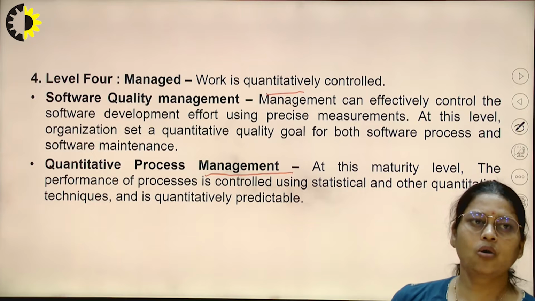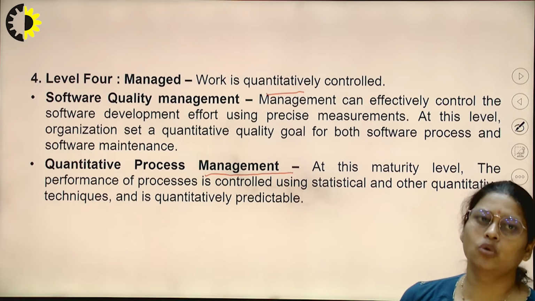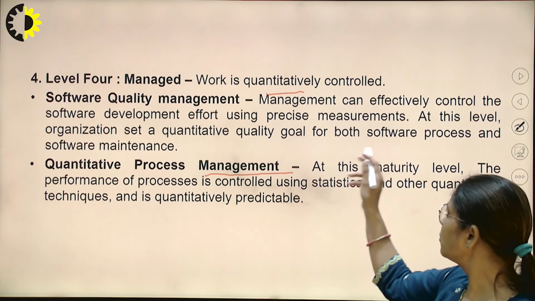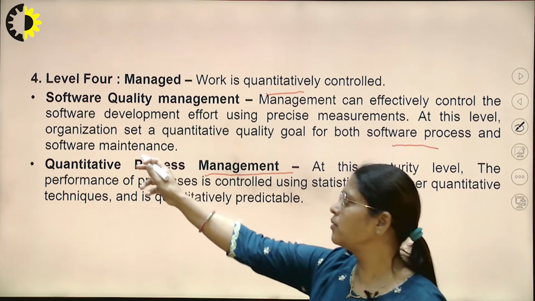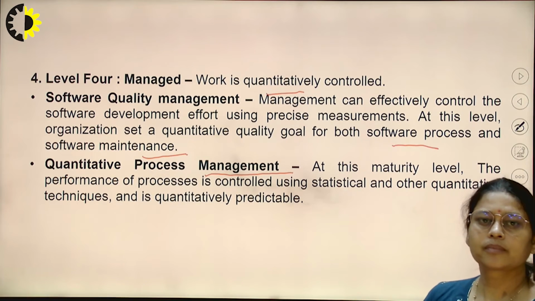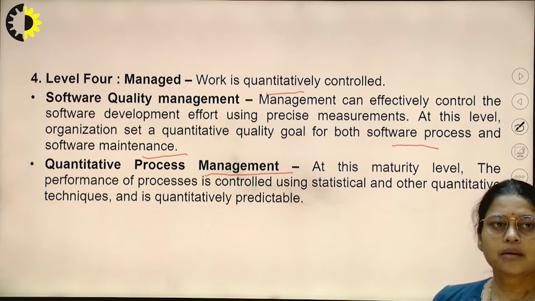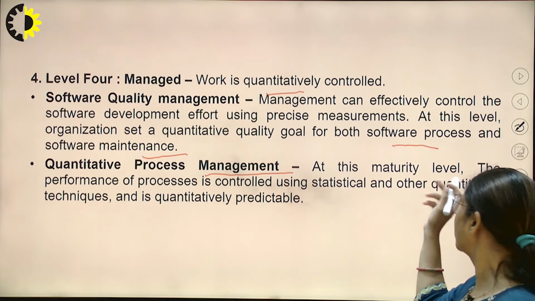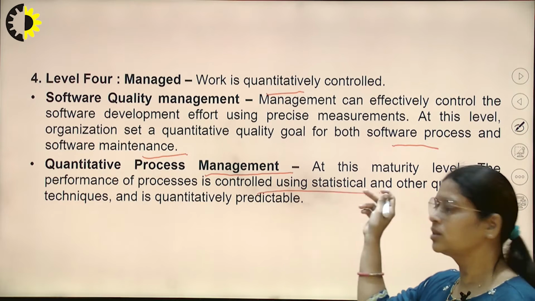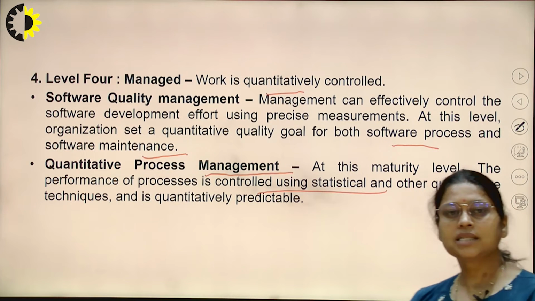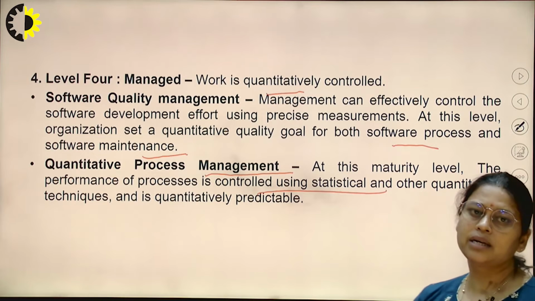At this level, the organization sets quantitative goals for both the software process and software maintenance. The second is quantitative process management. At this maturity level, the performance of the process is controlled using statistical and quantitative techniques.